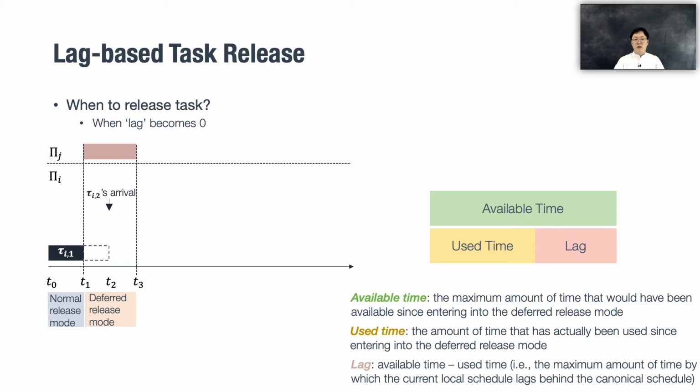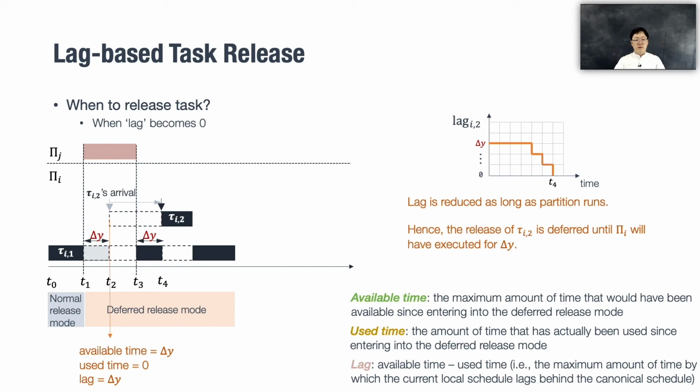Lag is a per task counter, and it is initialized at task arrival using per partition variables called available time and use time. Available time is basically the maximum amount of time that would have been available since entering the deferred release mode. Use time is what has actually been used since then, and it is simply a counter.